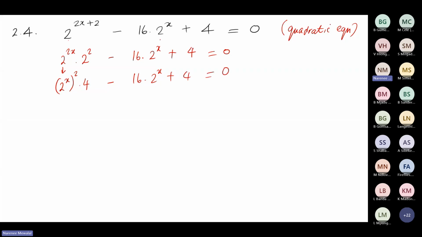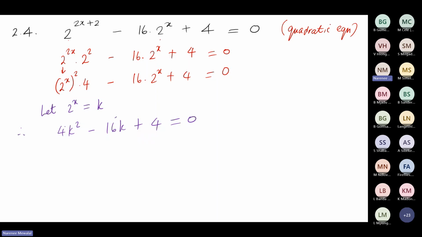Okay. And then, if you want to, at this point you could say let 2 to the power x equals k. So therefore, now we have 4k squared minus 16k plus 4 equals 0.